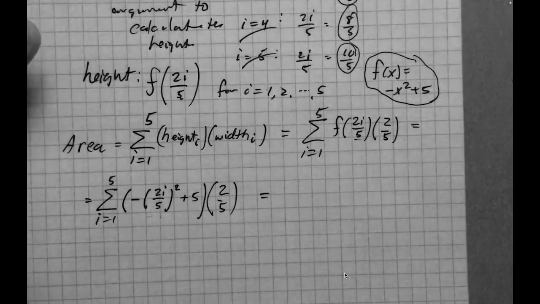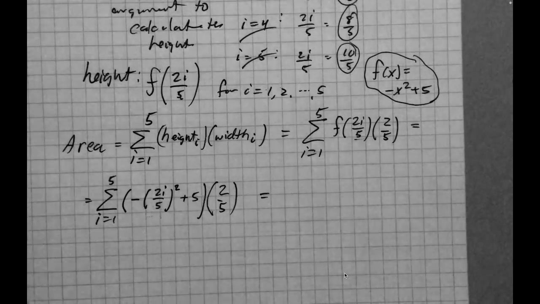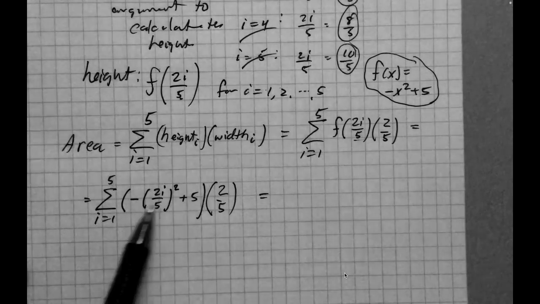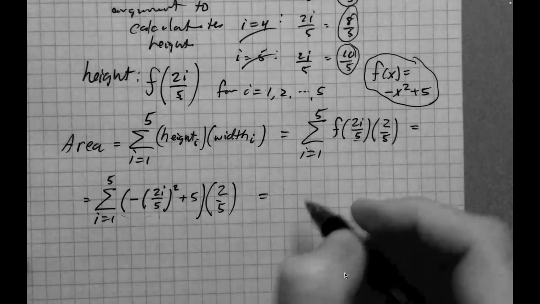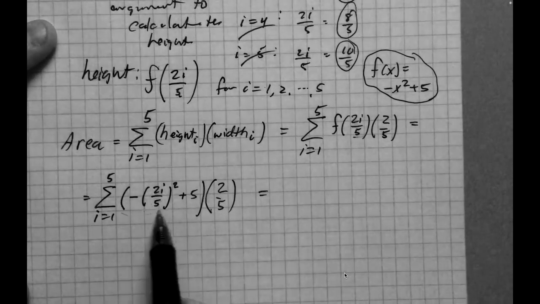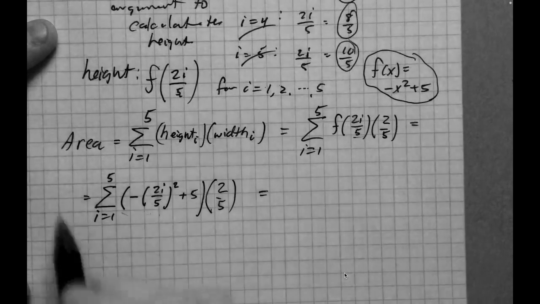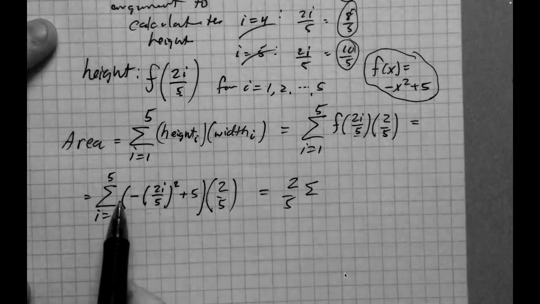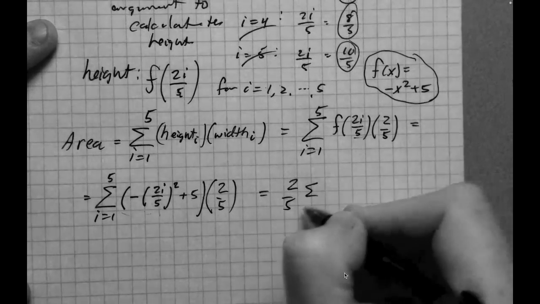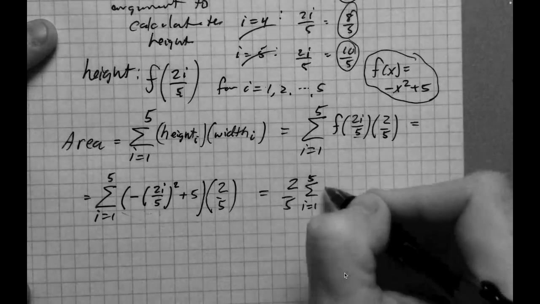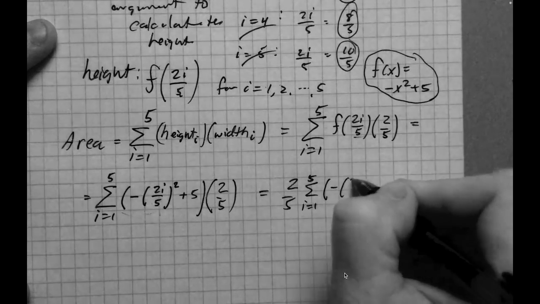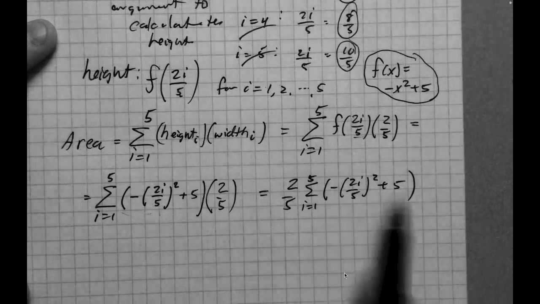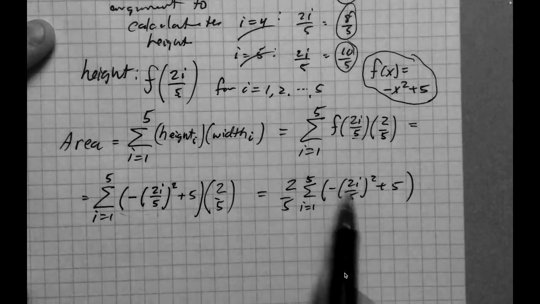Now, this is kind of a mess, isn't it? There are things we could do here to simplify this. For example, you could pull the 2/5 out. You could pull the negative 2/5. No, we can't do that, since it'd be negative 2i over 5 squared plus 5. You could break this into two pieces, and then pull the 2/5 out.